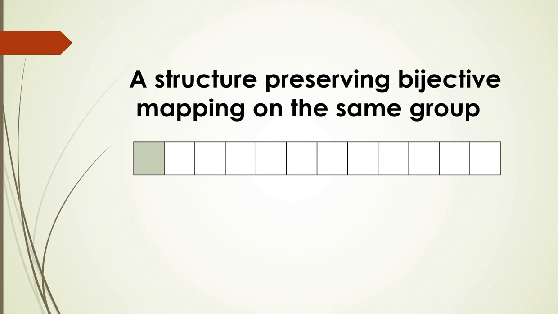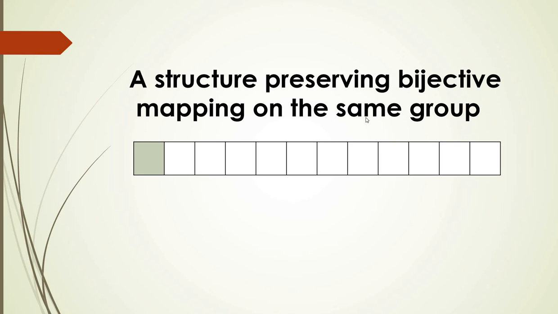A structure preserving bijective mapping on the same group. Can you understand this? A structure preserving mapping is called homomorphism. So a bijective homomorphism on the same group means the domain and codomain are the same. If two groups are different, they would have been mentioned.